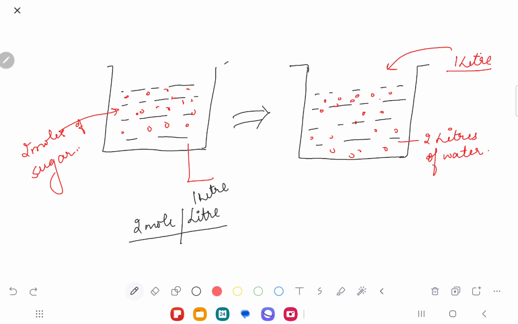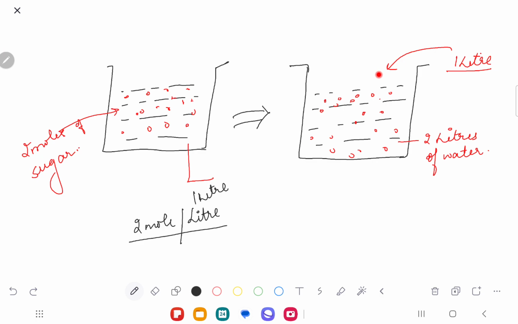Now you tell me, will the solution taste equally sweet as it was earlier, or is it going to taste less sweet? Is it going to taste exactly the same, or less sweet after the addition of even more water from outside? You tell me.